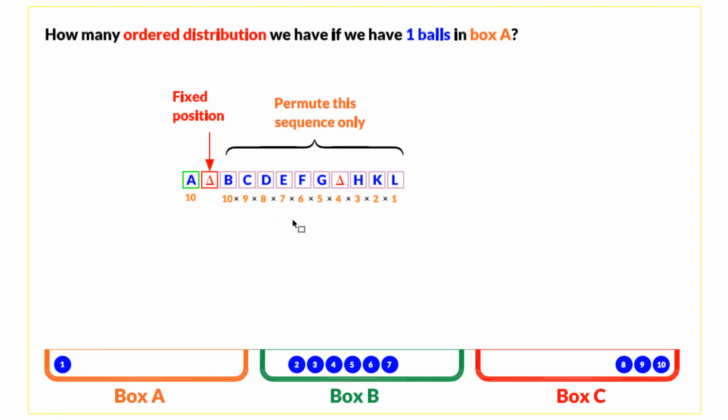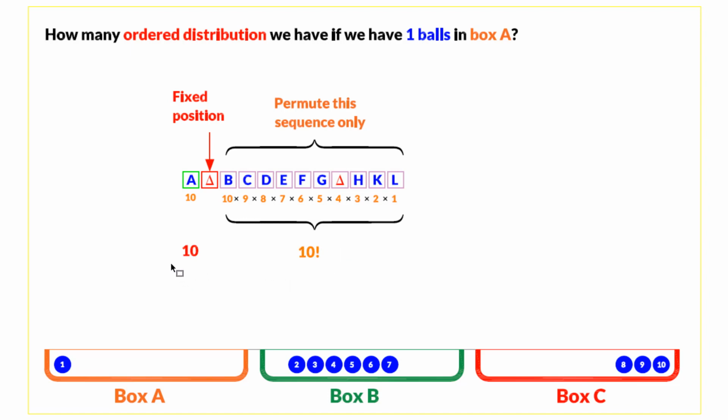So that means we have 10 factorial ways to permute this sequence, and we have 10 ways to choose a ball in box A. So now we have 2 sets. The first set contains 10 elements, and the second set contains 10 factorial elements.